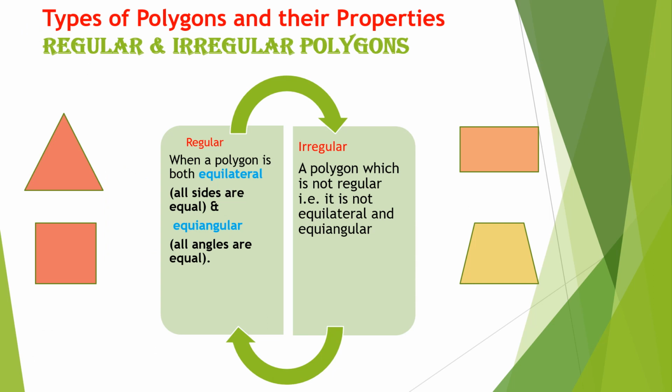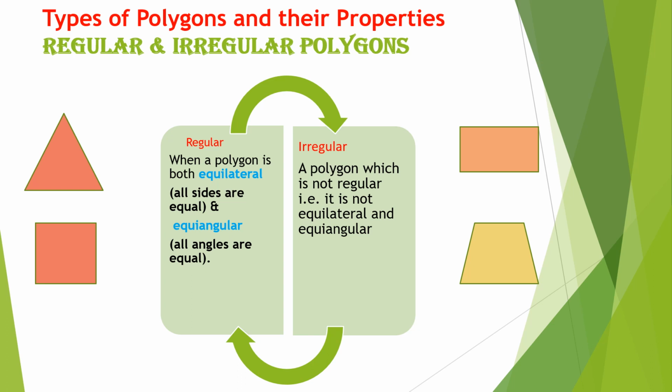Next is the types of polygons and their properties. First is regular and irregular polygons. Regular polygons are those which are both equilateral and equiangular. The word equilateral means all the sides of the polygon should be equal, and the word equiangular means all the angles of the polygon should be equal.